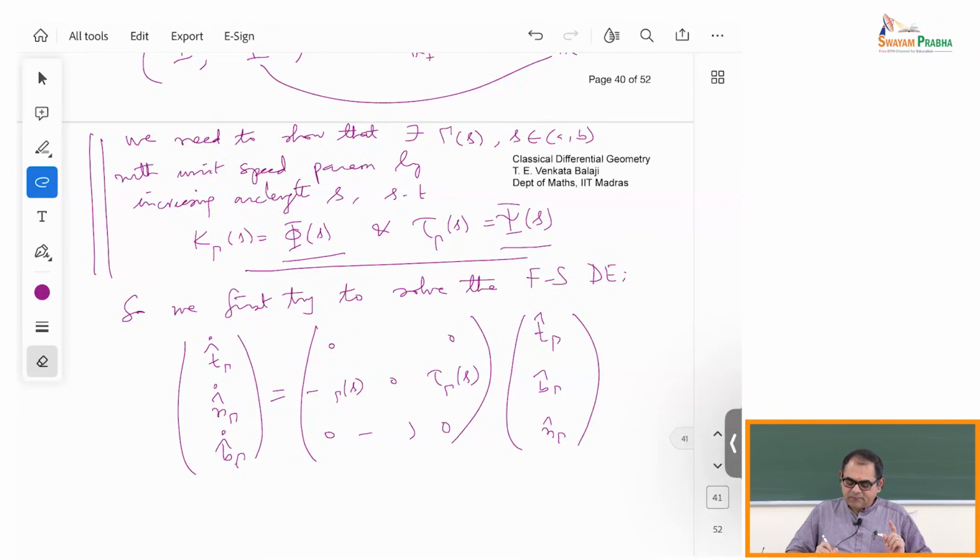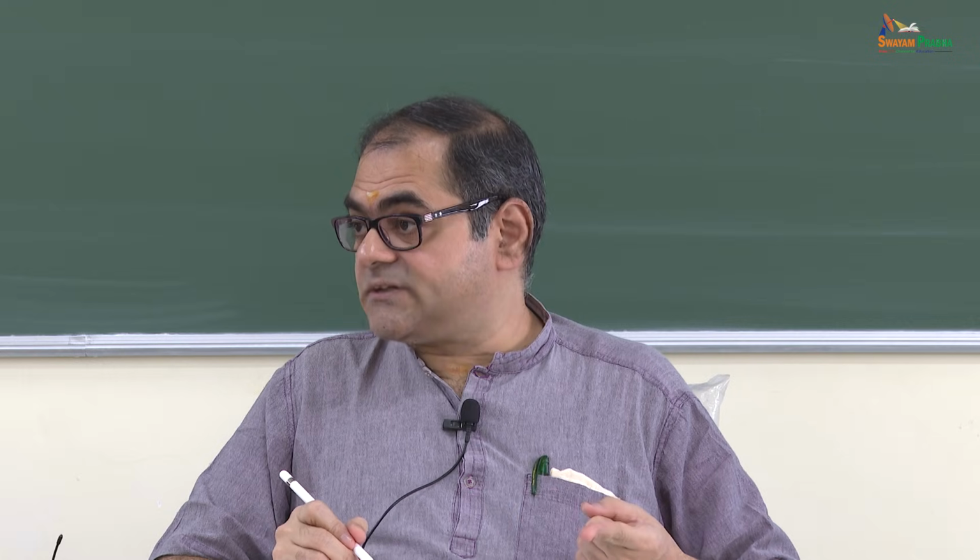So basically what I'll do is I'll rub this out and replace them by what is given. I'll replace k by capital phi of s, so there's a phi of s here, and tau should be replaced by psi of s, so there's a minus psi of s here. And I am finding a solution to this differential equation.